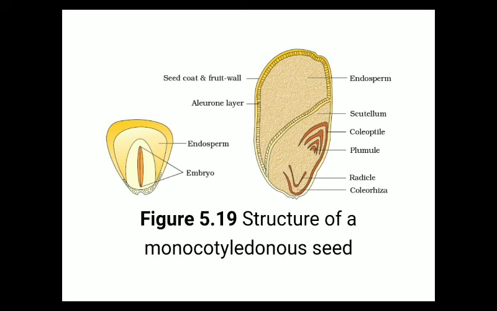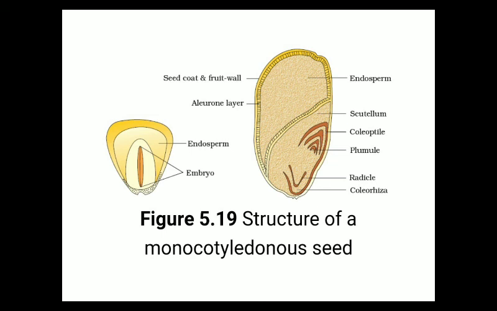The sheath-like structure which encloses the radicle part of embryo is known as coleorhiza. The sheath-like structure which encloses the plumule part of embryo is known as coleoptile. I hope that it is clear. So this is the structure of monocot seed.